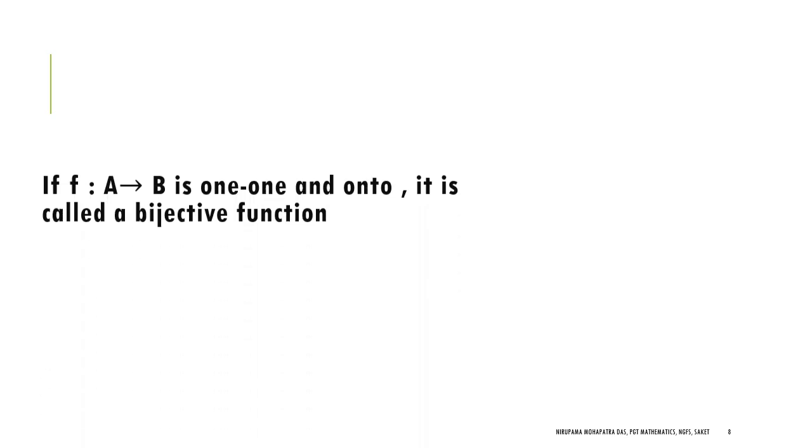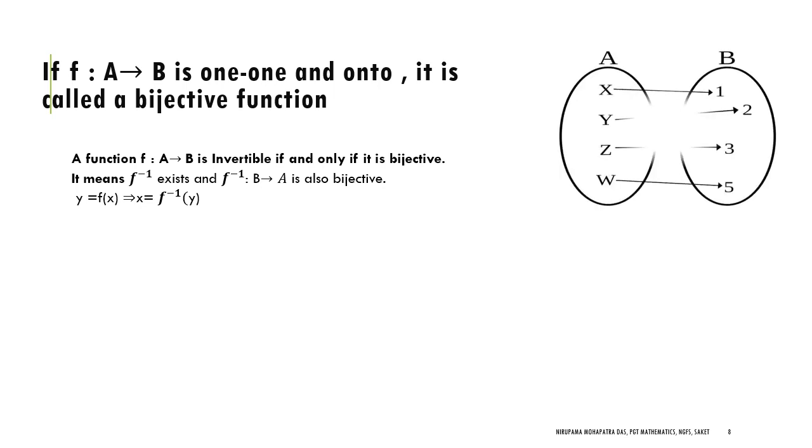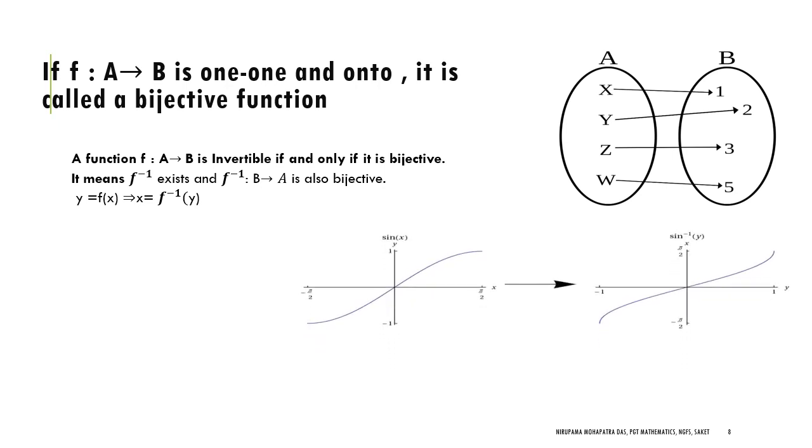Okay, next, if the function is 1-1 and onto, it is called a bijective function. And the purpose of studying bijective functions is that if the function is bijective, it is invertible. So in order to study inverse functions, in order to check whether the function is invertible or not, we have to check whether the function is bijective or not.